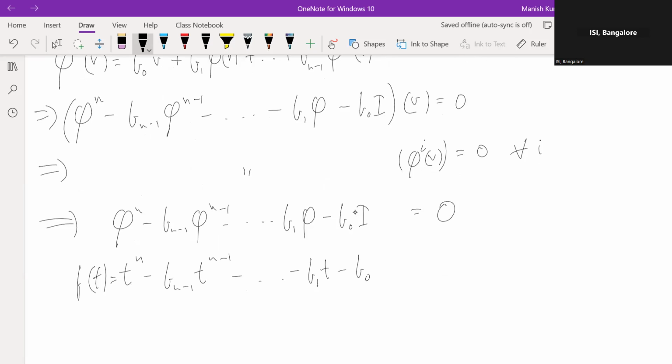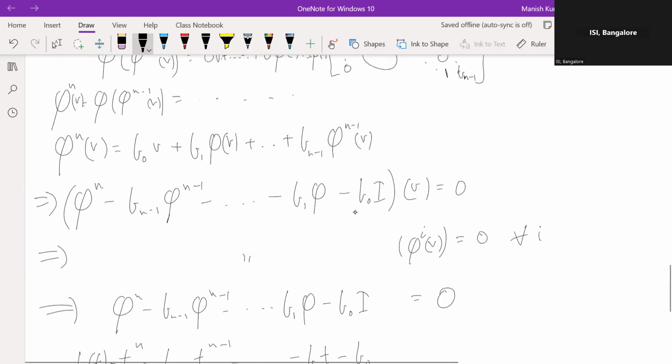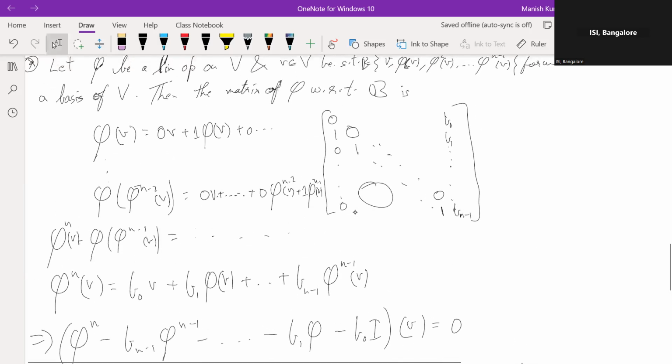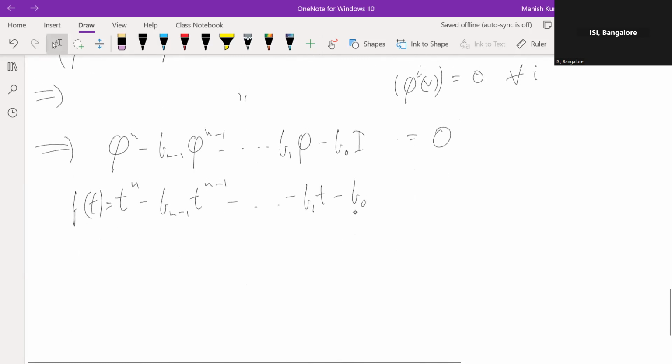So the minimal polynomial has to divide it. But the point is, V has dimension n, so phi is a linear operator on an n-dimensional vector space. So this is actually going to be the characteristic polynomial. Yeah, that requires a bit more argument. So we know that the minimal polynomial P phi(t) divides f(t).